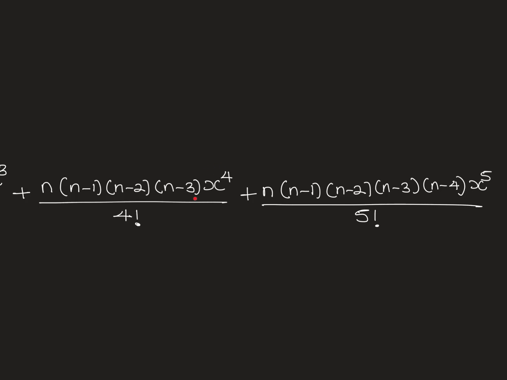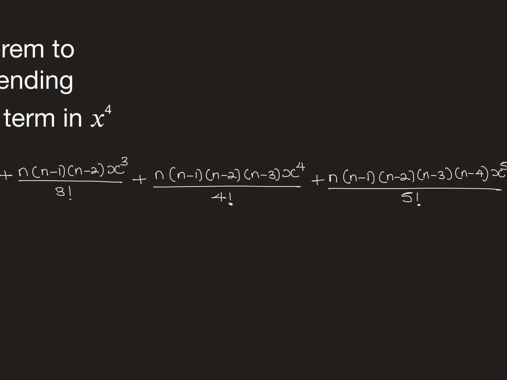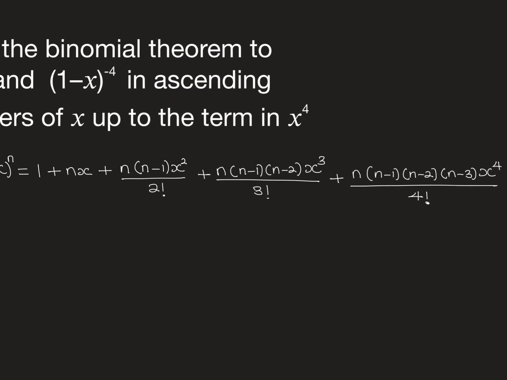But since the question asks us to stop at x to the power 4, this is where we end. So you don't have to include the term with x to the power 5. What is immediately important to recognize from this formula is that the power and the factorial will be the same.